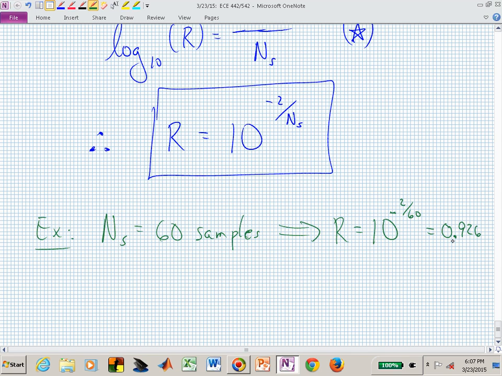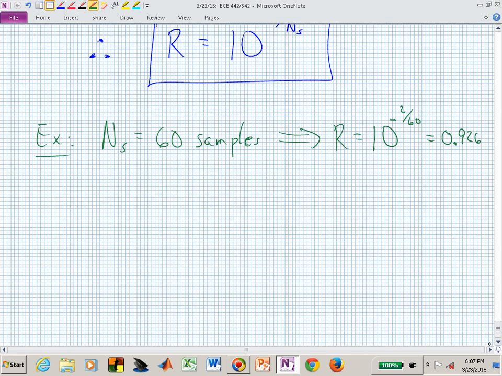Or now you want your poles to have a radial distance of 0.926. They're not very far inside the unit circle, are they? If you're allowing 60 sample periods before you settle to 1% of where you started, the magnitude of those complex poles will be 0.926.